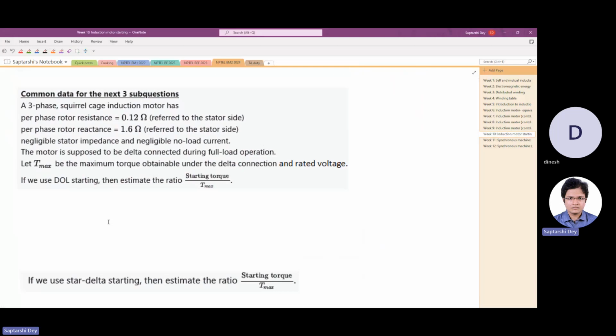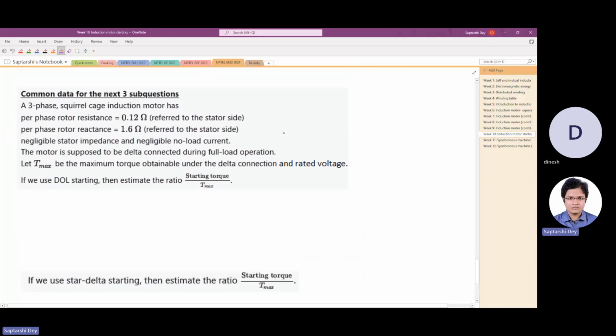So, a three-phase squirrel cage induction motor has per phase rotor resistance this, per phase rotor reactance this, negligible stator impedance. The motor is supposed to be delta connected for full load operation. Let Tmax be the maximum torque obtainable under delta connection at rated voltage. So in the natural characteristic, Tmax is the maximum torque.